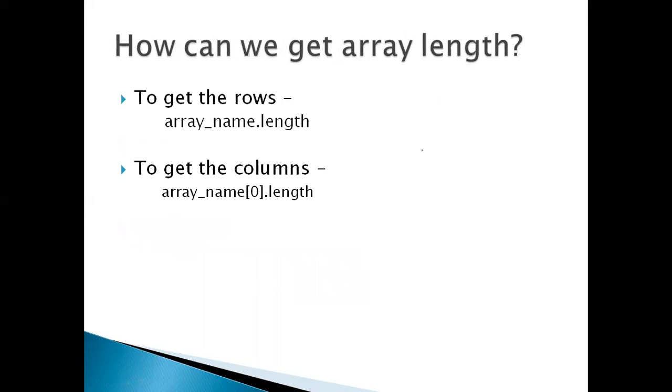So how can we get array length? To get the rows, we just need to write the name of the array dot length. But to get the number of columns, we need to write the array name followed by the index, here we have put 0, you can even change it, dot length.